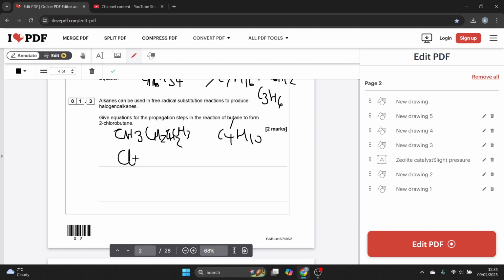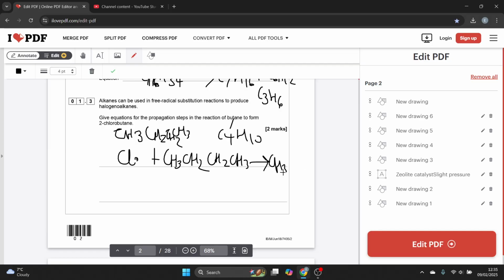So Cl dot plus CH3, CH2, CH2, CH3. Now I want 2-chlorobutane, so I want the chloro to be on the second carbon, right? So it's going to be CH3, CH2, CH free radical, CH3 plus HCl.